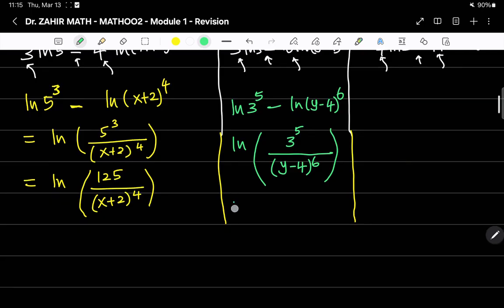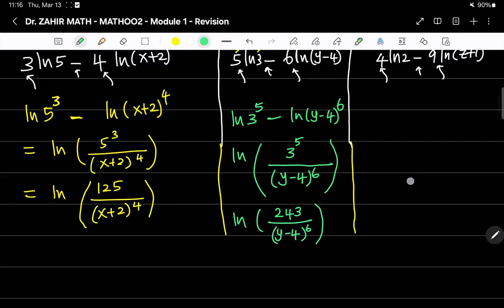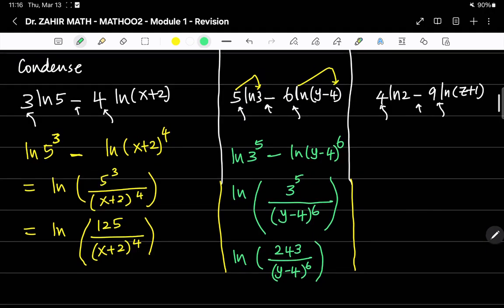Put in the calculator 3 to the power of 5, which is equal to 243 divided by y minus 4 the whole power 6. Let's do another question.